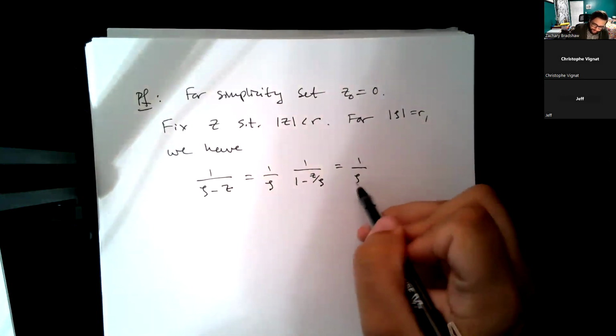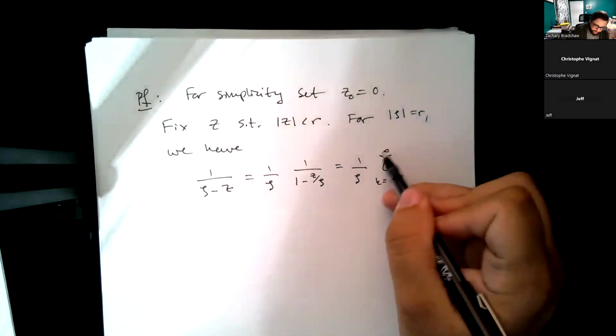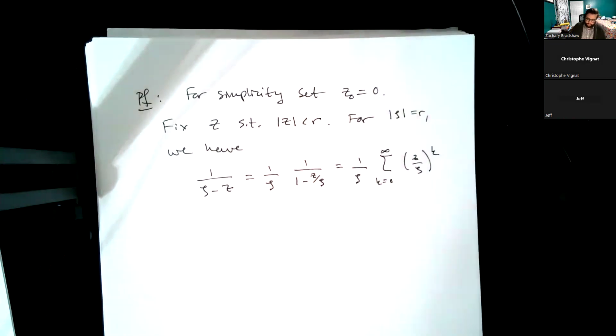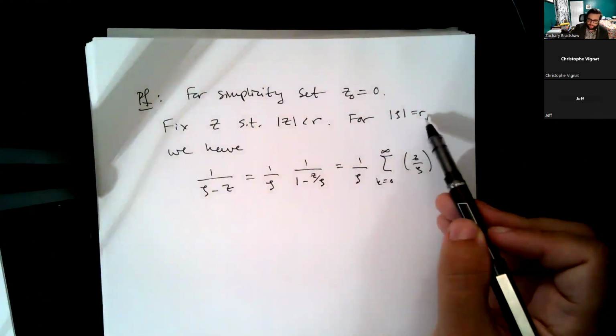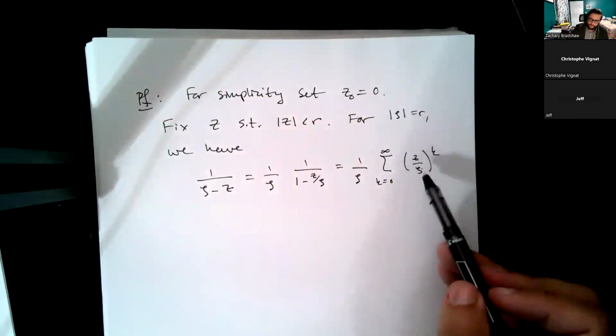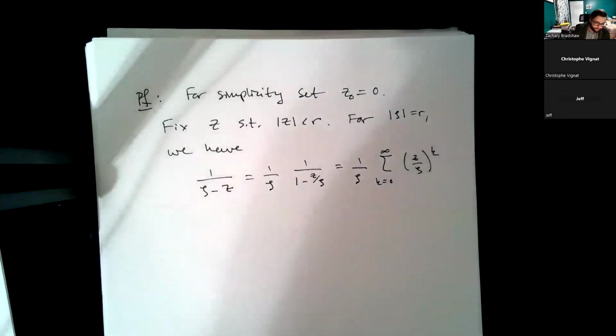This is equal to 1 over zeta, and I'm going to use the geometric series now. Remember, modulus of zeta is r, and so modulus of z will be less than modulus of zeta. So this geometric series does indeed make sense.